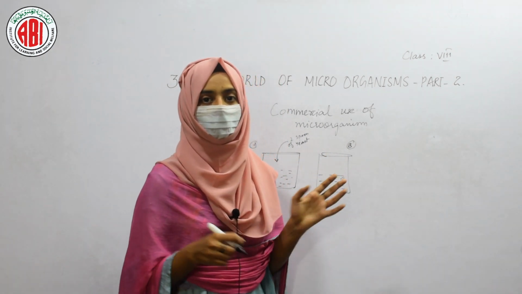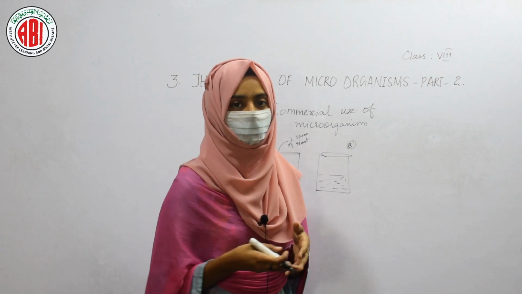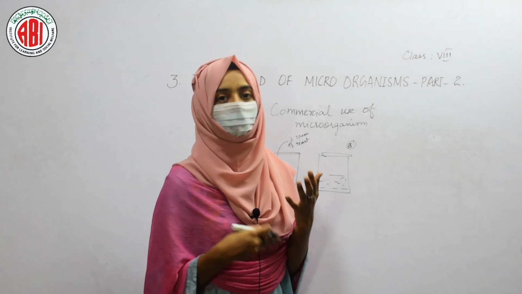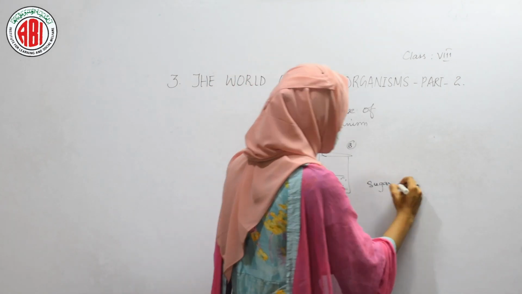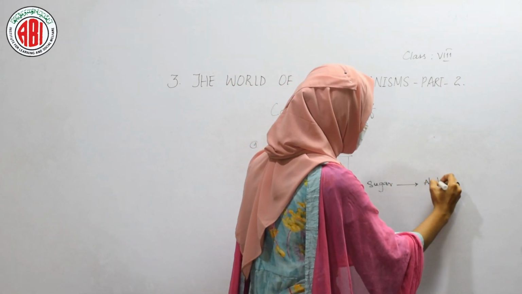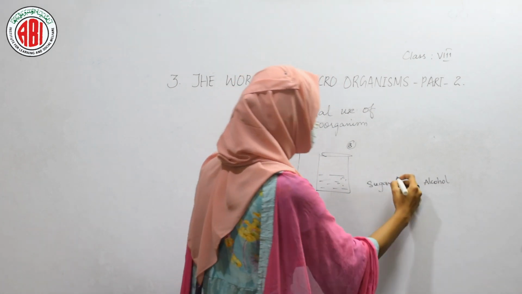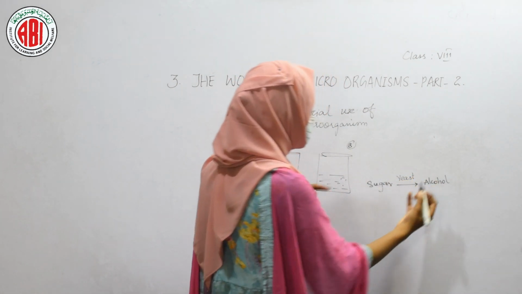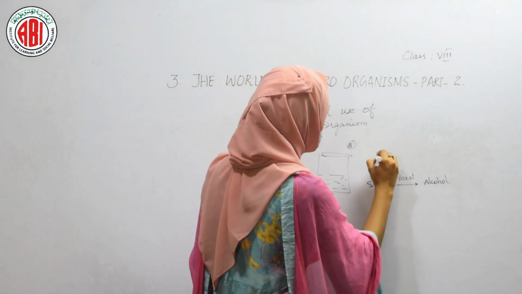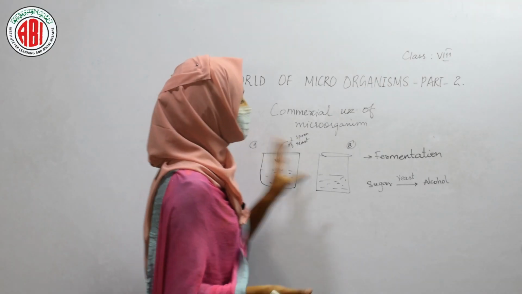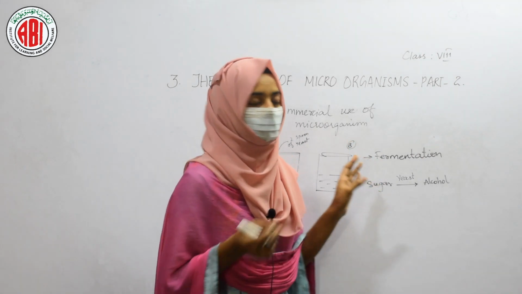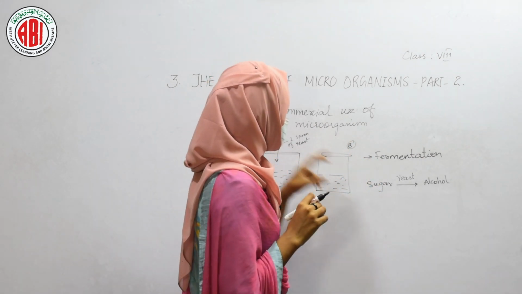In such a way, the yeast feeds on the sugar and converts that sugar into alcohol. Whenever sugar is converted into alcohol because of the action of microorganisms like yeast, this process is called fermentation, and by this fermentation many alcoholic beverages can be produced. So this is called fermentation.